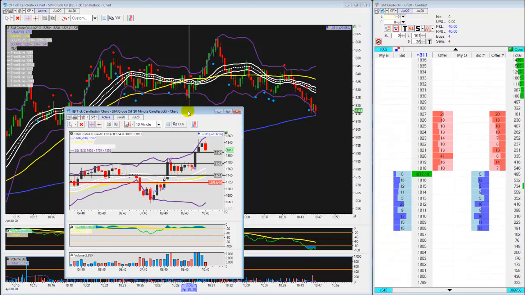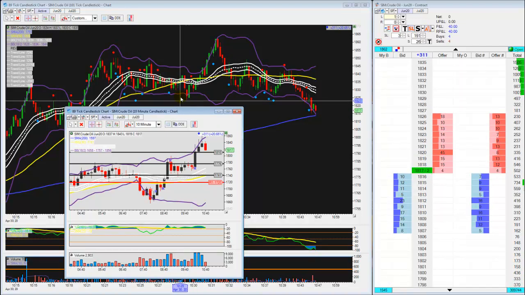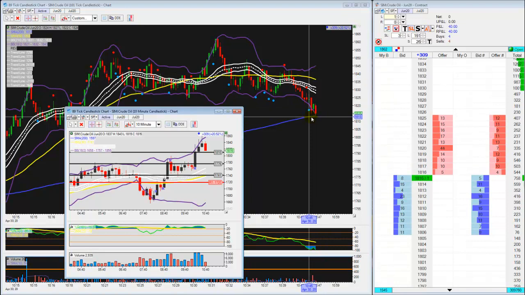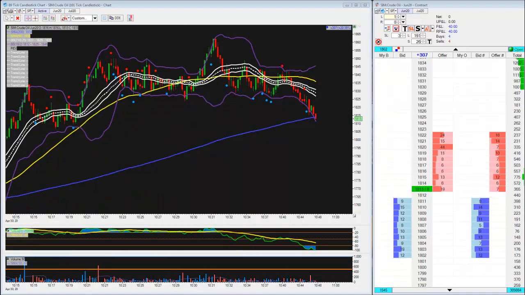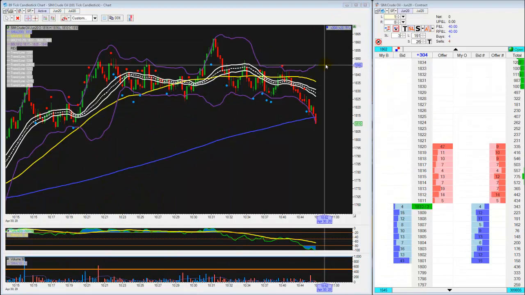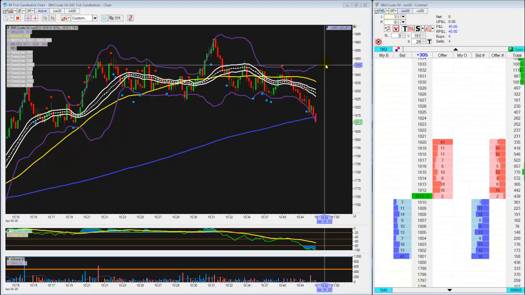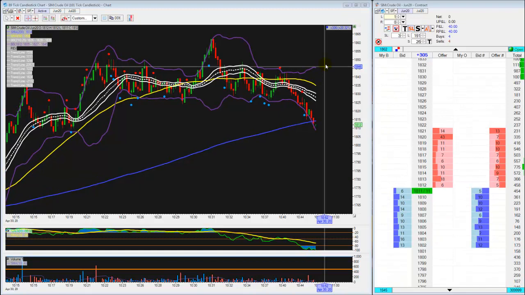So this is kind of out of my trading plan. If I was going to buy it, there really was no volume to be buying today. So it was a stop running.